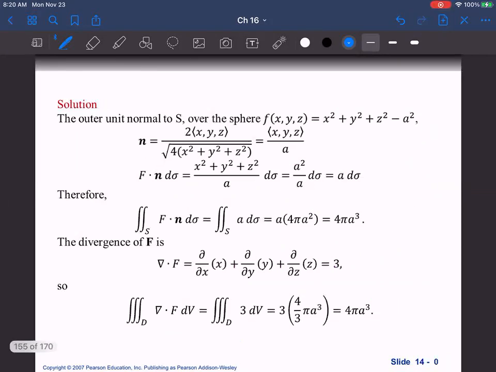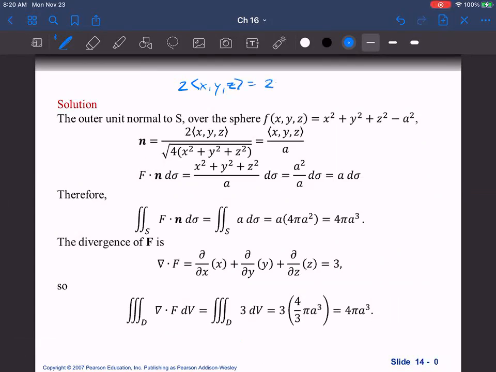So if we're doing the outer unit normal one, which is our first one there, we can see that our sphere is x squared plus y squared plus z squared minus a squared, and therefore an outer unit normal to that, you take your derivative of it and you get 2x, 2y, 2z in component form.